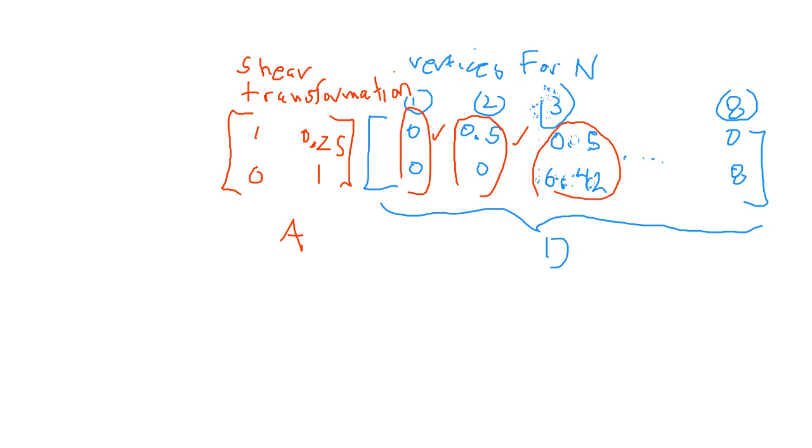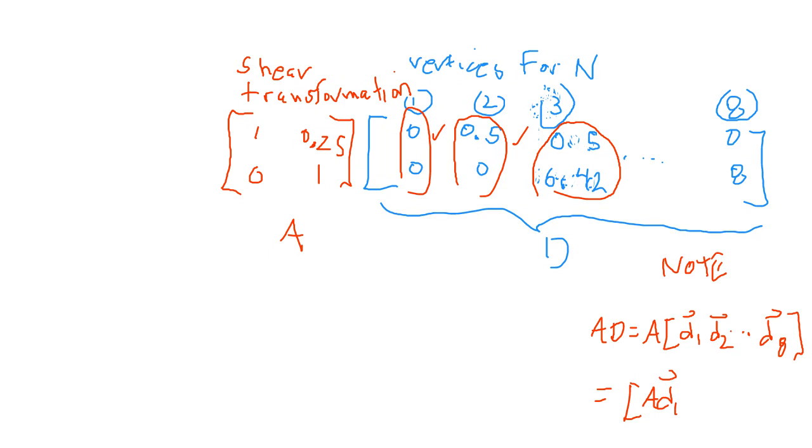Because remember, matrix multiplication, if you go A times D, A times D is the same as A times the column vectors of D. If you think about matrix multiplication, there are 8 column vectors of D. And so this is equal to A times D1, A times D2, so all the columns.